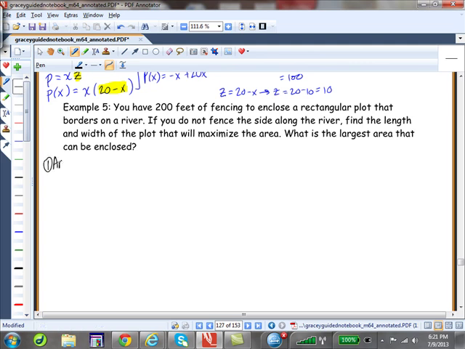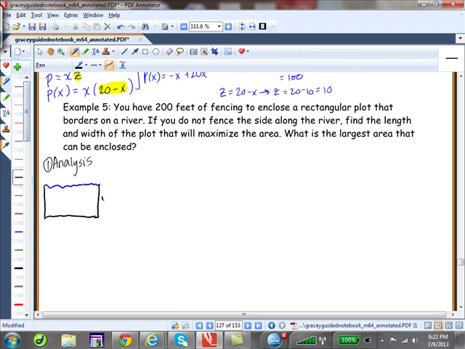So here we go. Here's our little analysis. So we have our river. Okay, it doesn't need to be that long. We have our river, and then we want to fence this. So it's a rectangular plot.